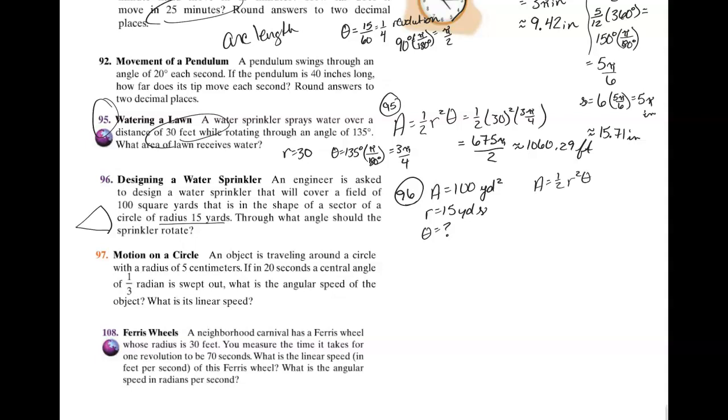That's our area of a sector. We can substitute in what we know and figure out what theta would have to be. It's asking us what angle does the sprinkler need to rotate in this case. So we're looking for theta. So 15 squared is 225. Multiply both sides by 2 over 225.